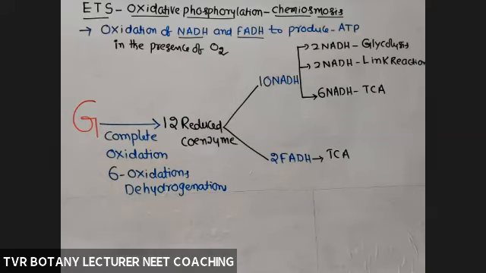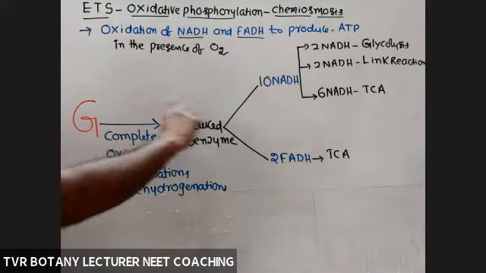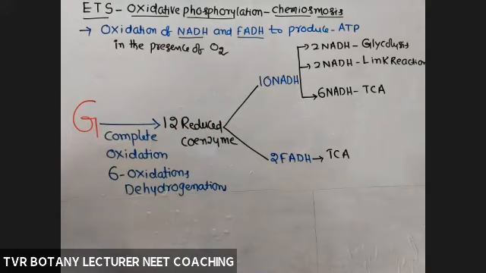Actually, the total number of oxygen molecules consumed is 7. Out of 7, 1 is consumed during glycolysis, the dehydration reaction. That 1 oxygen molecule is not involved here, and they are not considering that oxygen molecule while preparing the complete aerobic equation.